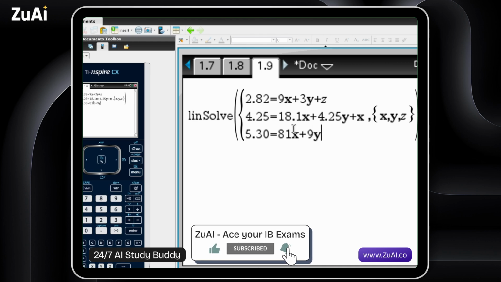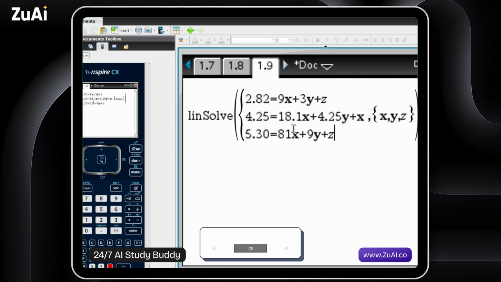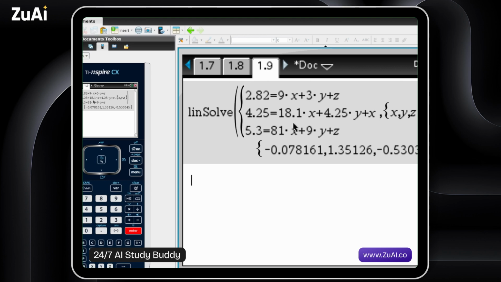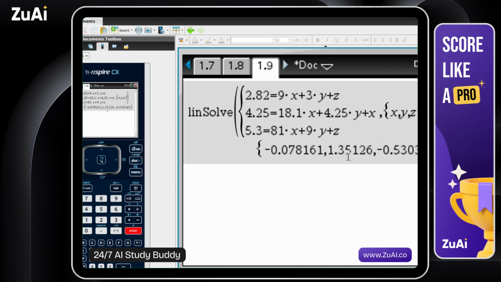I just think there's a lot of ways that this can potentially go wrong. 2.82, 9x plus 3y, that's good. 18.1, 4.25, 5.3, okay. 2.82, 18.1, 81, x, y plus z. To be honest, I'll have to see. Let's see.